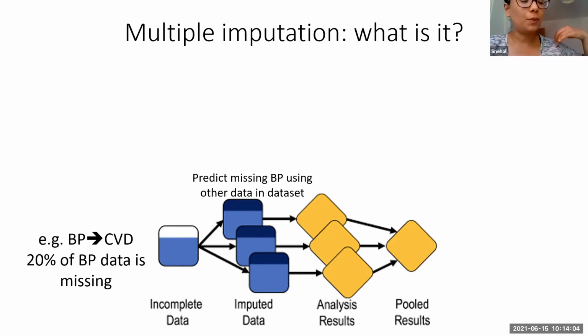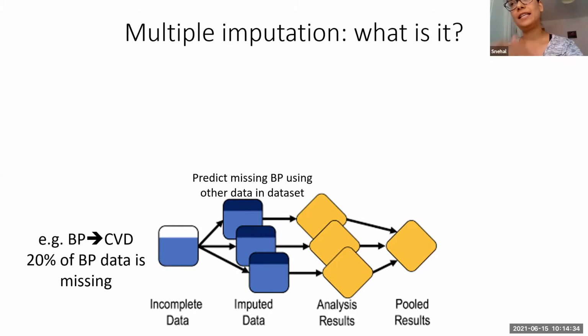But because we're predicting someone's blood pressure and we don't know if what we've predicted is their actual blood pressure, we need to account for that uncertainty in our analysis. So instead of predicting blood pressure for people once, we predict it many times, about 20 times, and so we create 20 different complete data sets.